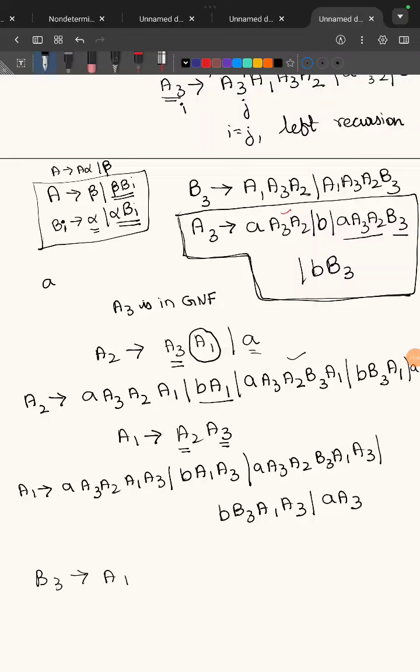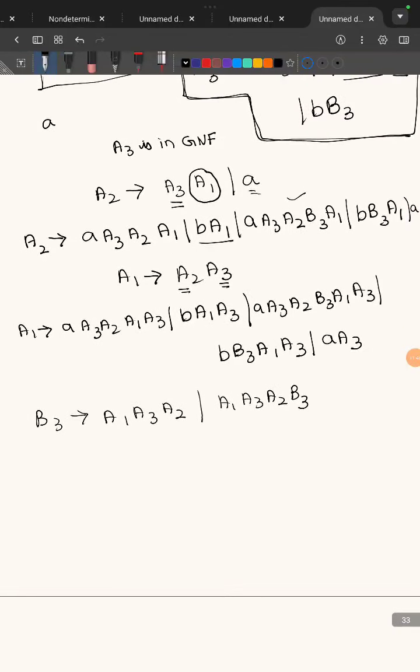So B3 is deriving A1, A3, A2, bar A1, A3, A2, B3, right? So now we have to substitute A1 over here and here. One by one we will do. B3 derives, so instead of A1 we will be substituting these five rules over here.